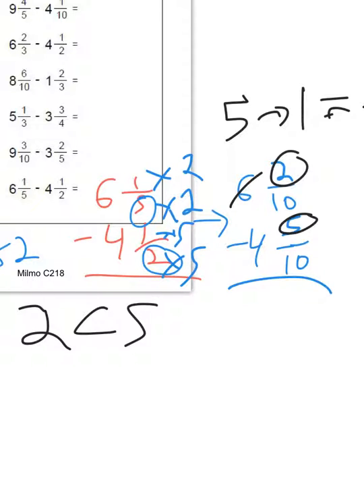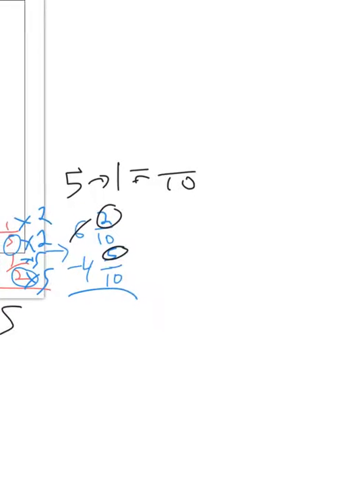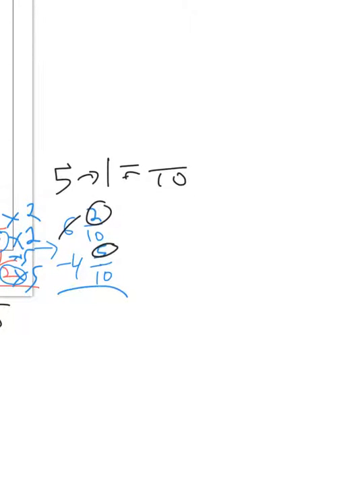What's on the bottom? 10, right? So what does the top have to be? If there's a 10 here, what does it have to be on the top? Okay, we're doing the ones right now. So we have 5 is equal to 1.